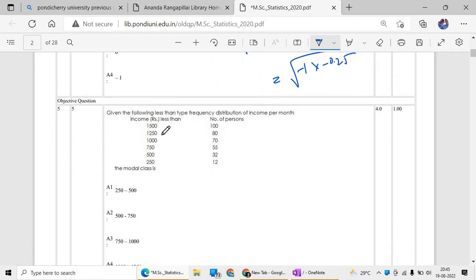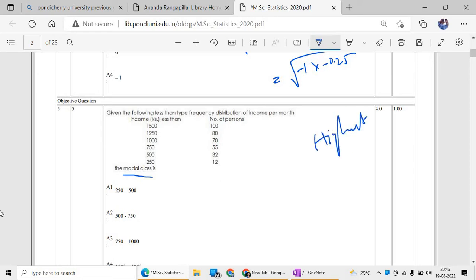So next one, the frequency distribution of income per month is given. Then we need to find the modal class. Modal class means highest frequency. In the options we mentioned 250 to 500, so we add these two, then we got 44. Then 500 to 750 is approximately 87.